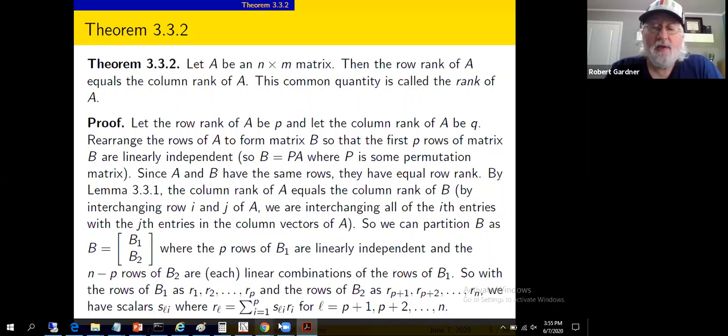That is, for each L between P plus 1 and N, we can write R sub L as a linear combination of the R sub I's, where I ranges from 1 to P. Call those coefficients S sub Li. We're going to put those in a matrix in a second. So I know, by the way we built things, the last bunch of vectors are linear combinations of the first bunch of vectors. Let the scalars in that linear combination be these S sub Li's as given.